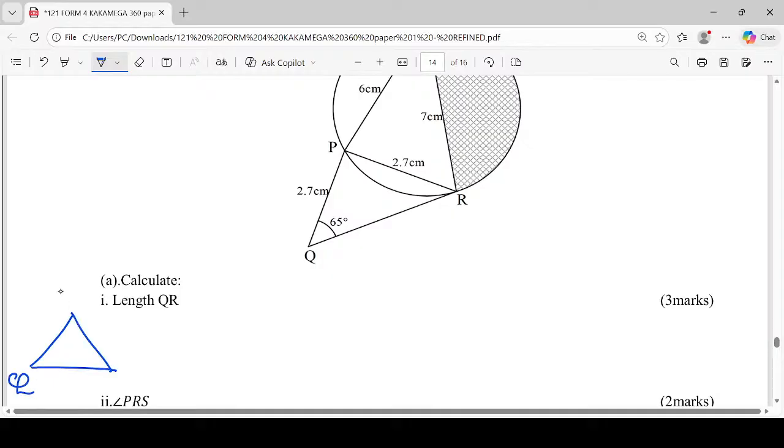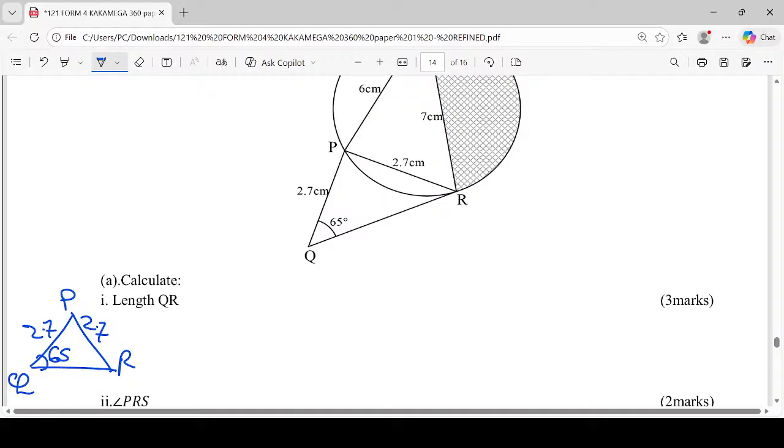Q, PR, this is 65, 2.7, 2.7. They want the length QR, this length here. For QR, you must use the sine rule or the cosine rule. That can be quite easier. But we can even apply the sine rule.